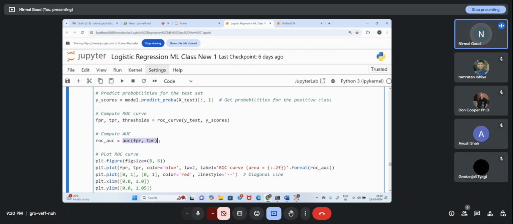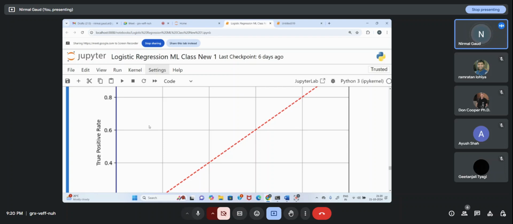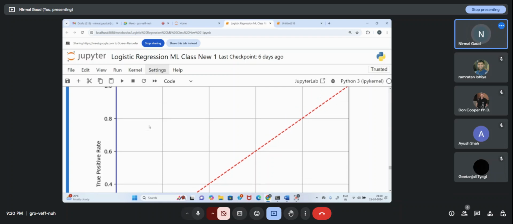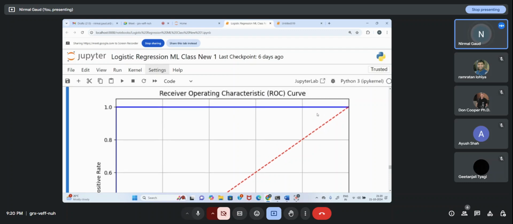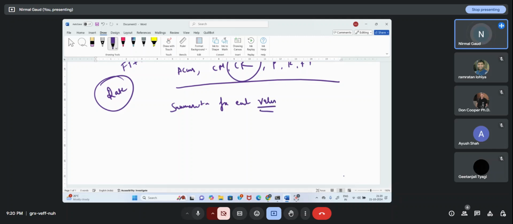No specific formula is mentioned. If I say this is a triangle, but it's a curve, we have to consider it in the form of a curve, not simply take it as a triangle. That is why in AUC it's mentioned summarization. For each prediction you have to perform summation, and then area, or either you can say it's integration.